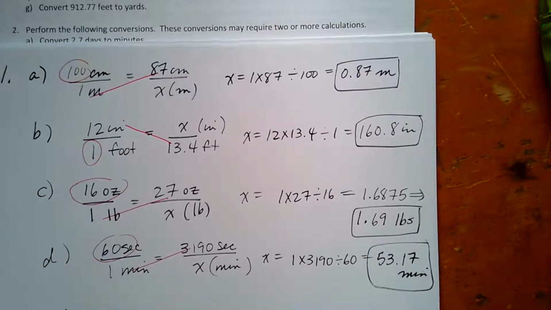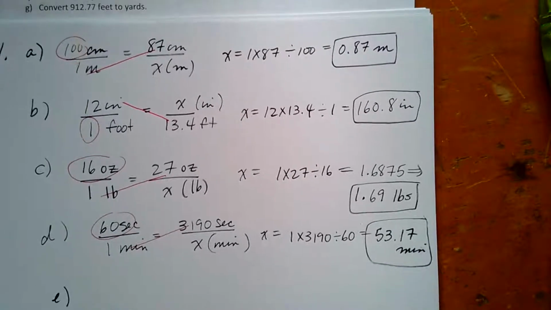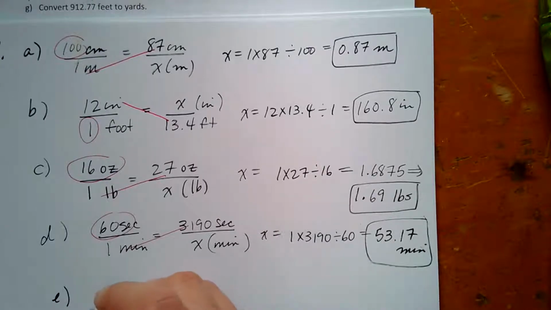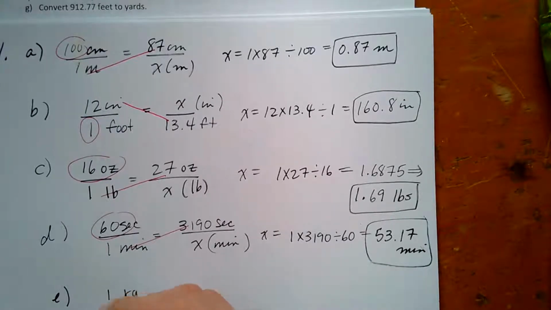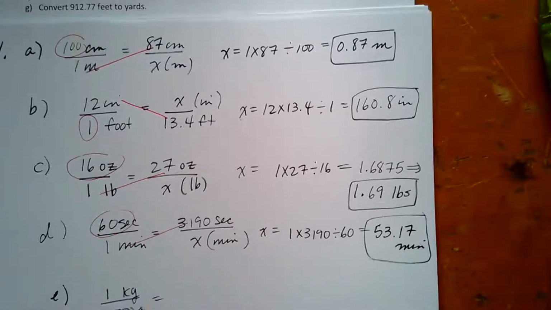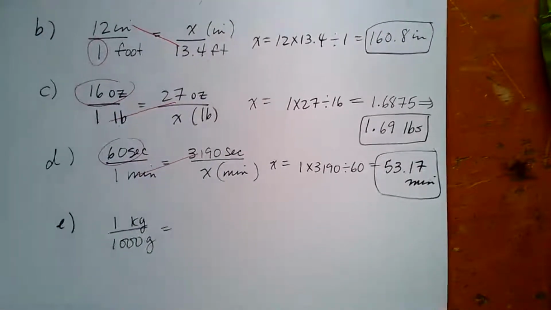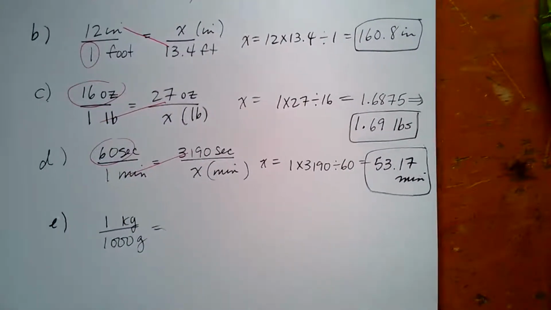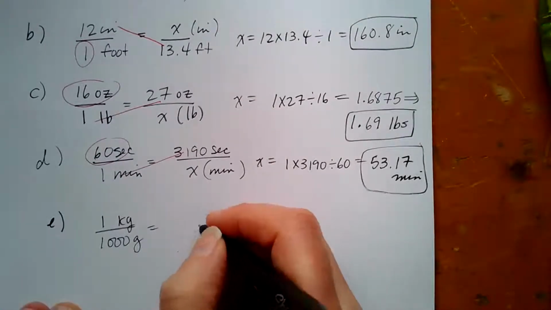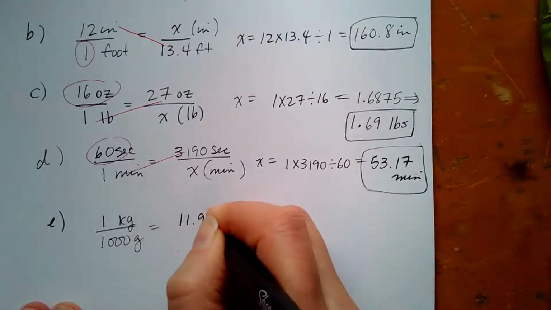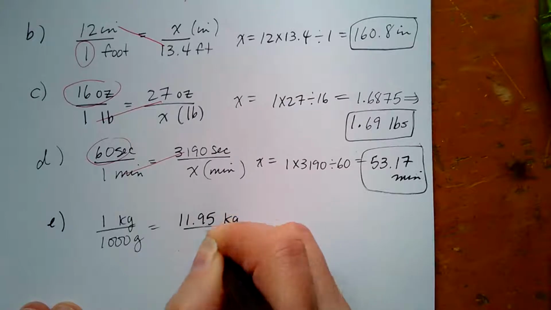And then kilograms to grams. Okay, I'm going to look up on page 4 again. Kilograms to grams. 1 kilogram is 1,000 grams. And my question was 11.95 kilograms.